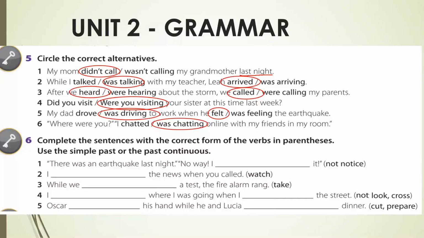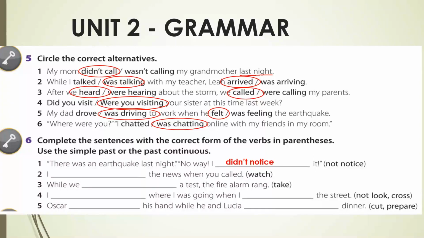Number 1, there was an earthquake last night. No way, so it's a finished action in the past. The person did not notice that something happened, so didn't notice. Here, guys, remember when I'm using the simple past, my auxiliary verb for the negative form is did. So I connect it with the word not.